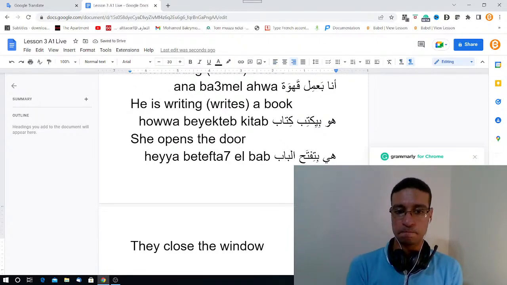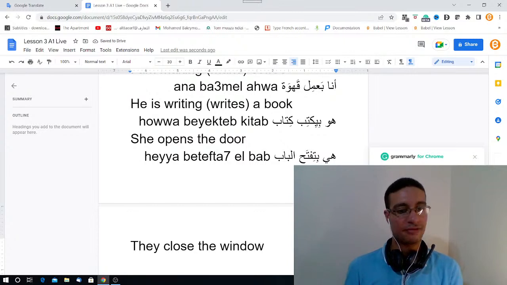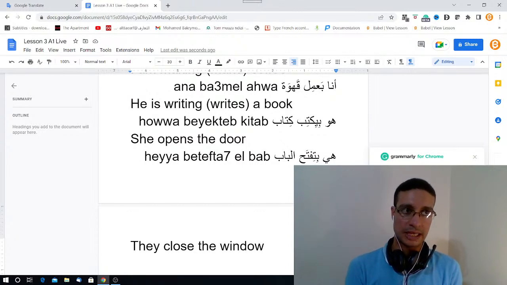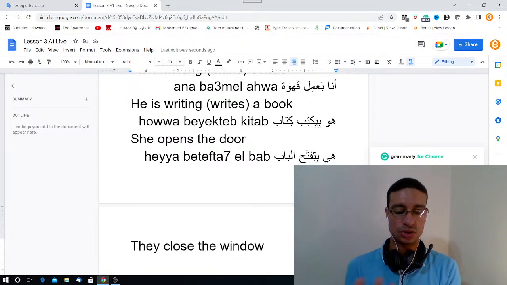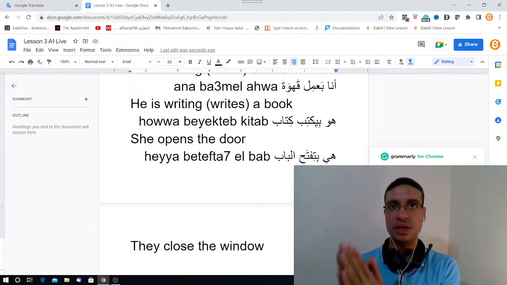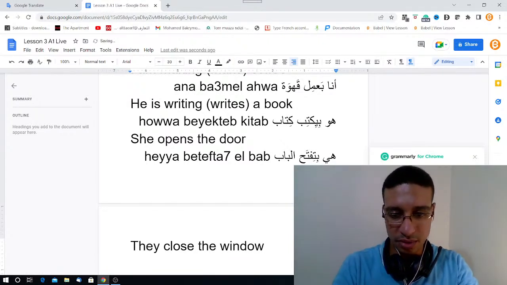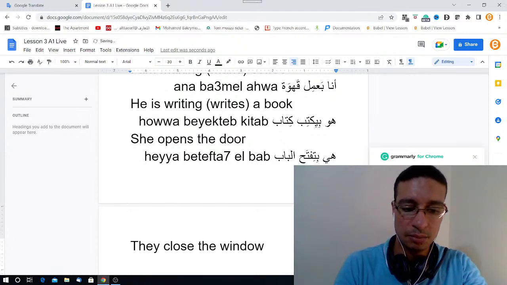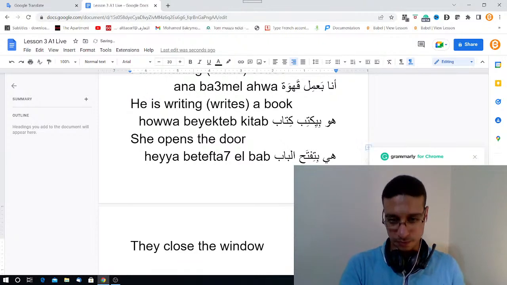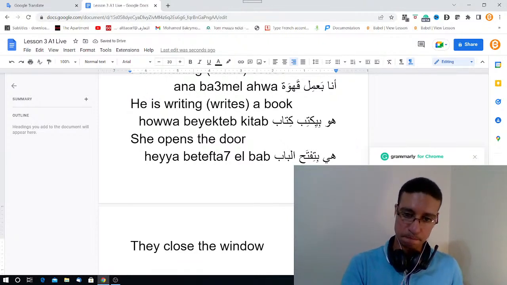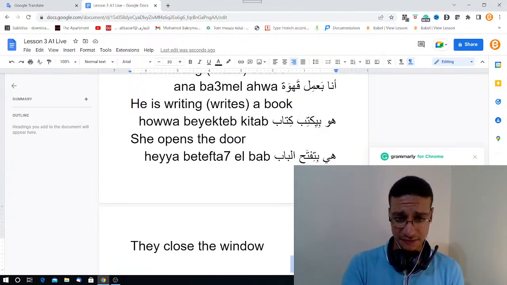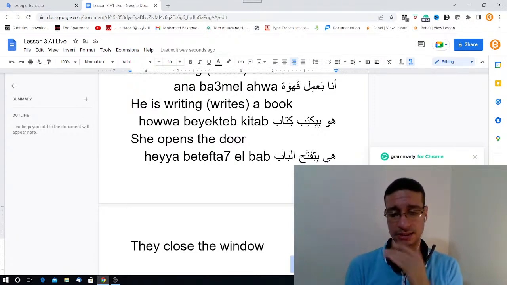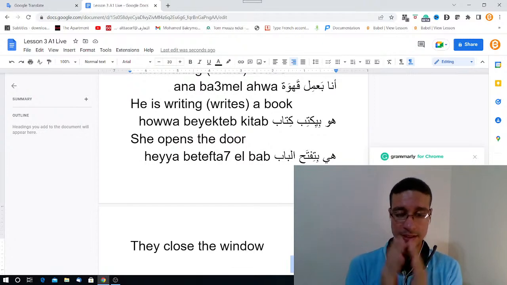Close is قفل. So they close. How to conjugate it in the present tense? We start with بي, and then بيقفلوا, and then we have أو at the end. By the way, this alif at the end is not pronounced. It's just written, but it's not pronounced.